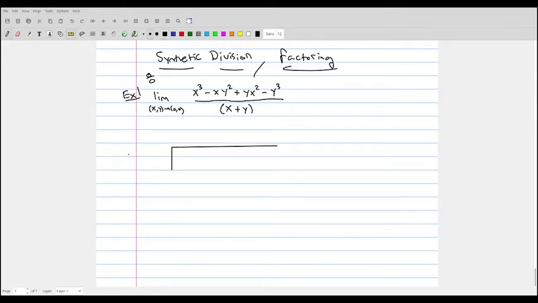Specifically, if you're dividing by the polynomial x plus y, and we're dividing the polynomial x cubed plus y times x squared minus y squared times x minus y cubed.